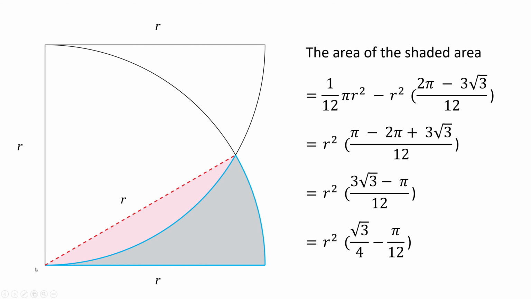The area of the shaded area would be equal to the area of the sector less the area of the pink segment. This will give us root 3 over 4 minus pi over 12 multiplied by r squared.